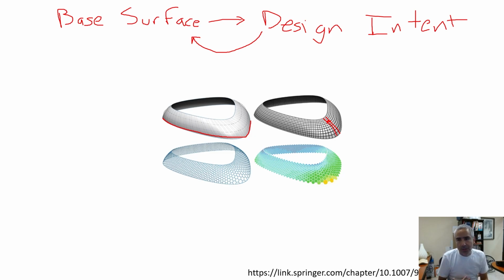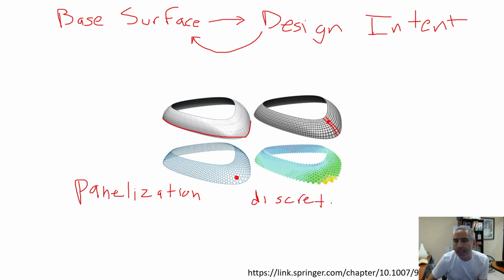And that can turn into a different kind of panelization. So a panelization is the process of creating a set of panels, each one of these discrete elements. This is a discrete element.